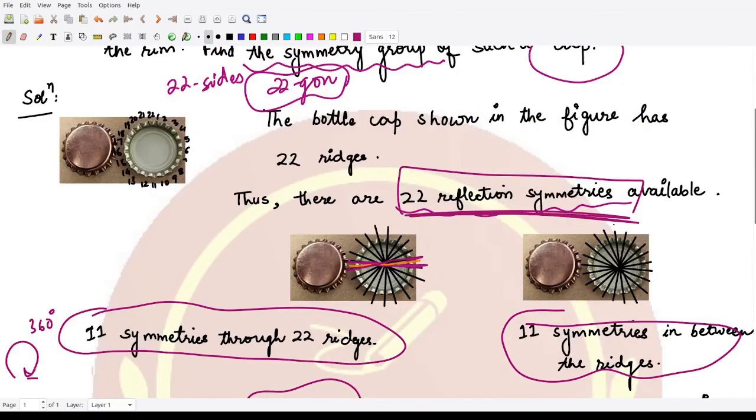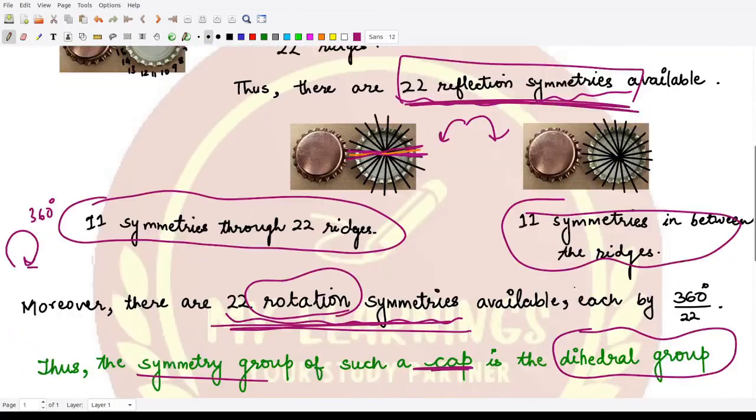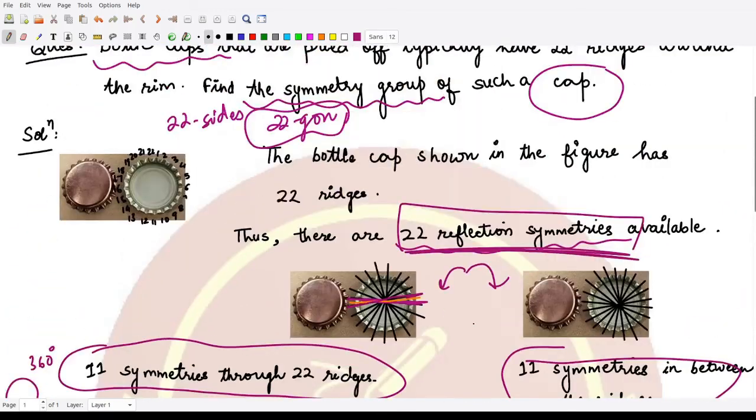We do not need to classify the individual symmetries because we have justified this using the visual representation. So we have the dihedral group D22 representing the symmetry group of such a cap.